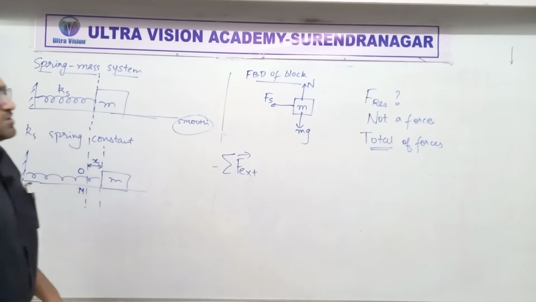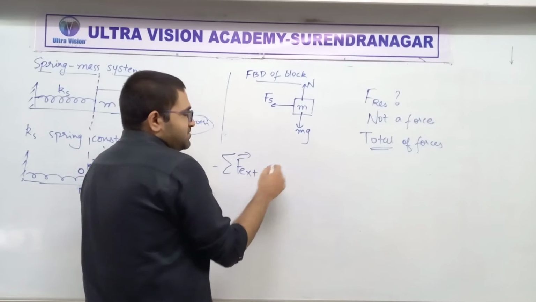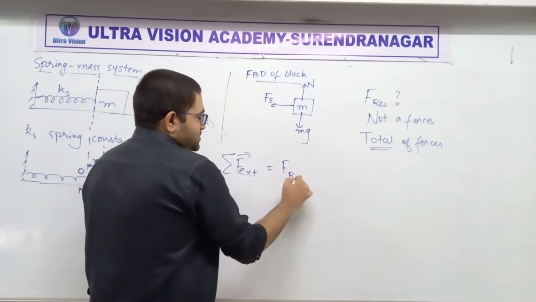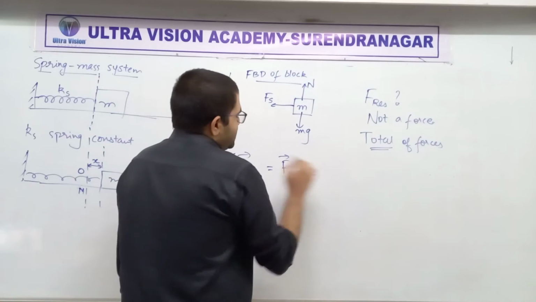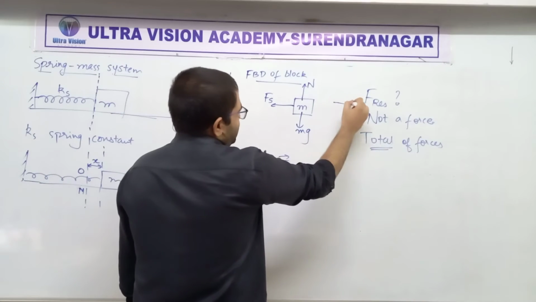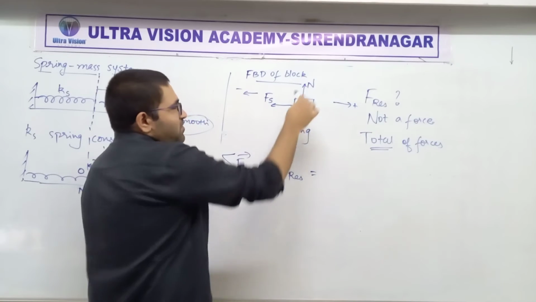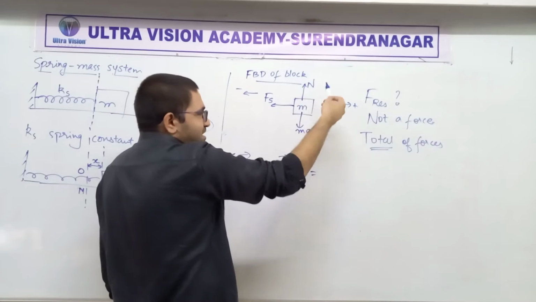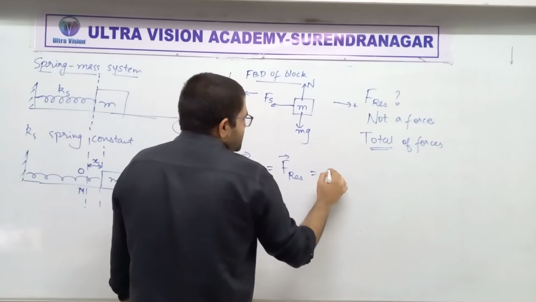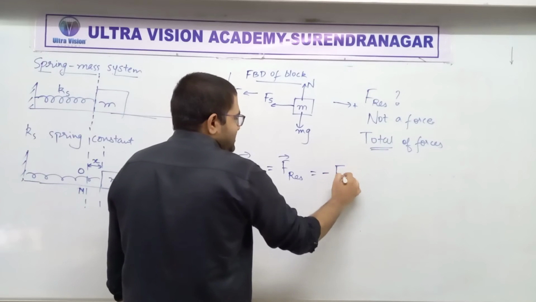So, sigma F external, which is also the restoring force because this particle is in SHM, will be equal to, let's say right side positive and left side negative. We know vertically this is in equilibrium, correct or not? N will be equal to mg, there is no big deal. So do you realize that this will be minus Fs?